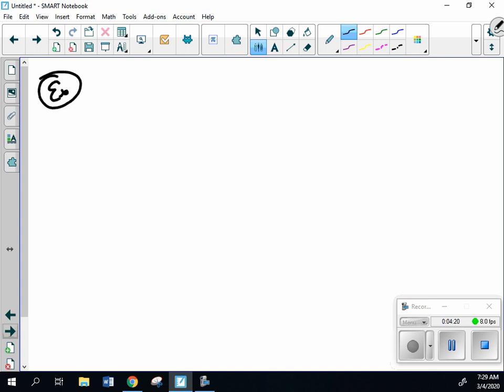Sometimes we have sine, cosine, tangent, but we also have cosecant, secant, and cotangent. So let's look at one of those. Let's say that I am given secant theta equals 2 square root of 3 over 3.